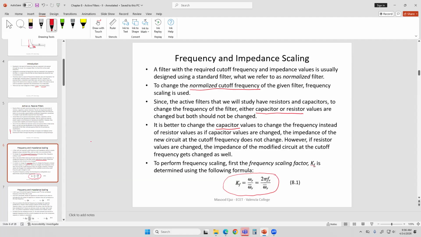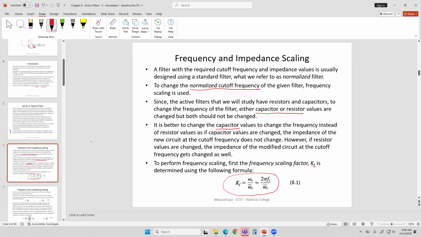Let's say you want a 10 kilohertz cutoff frequency, and the base filter that you're using has a 100 hertz cutoff frequency. So Kf, first you're going to calculate as the ratio between 10 kilohertz or equivalent radian per second and 100 hertz equivalent radian per second. And that is going to give you the frequency scaling factor.